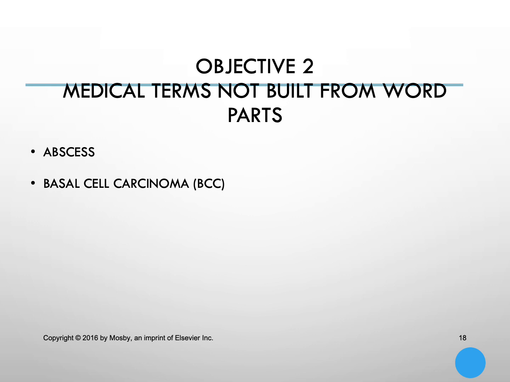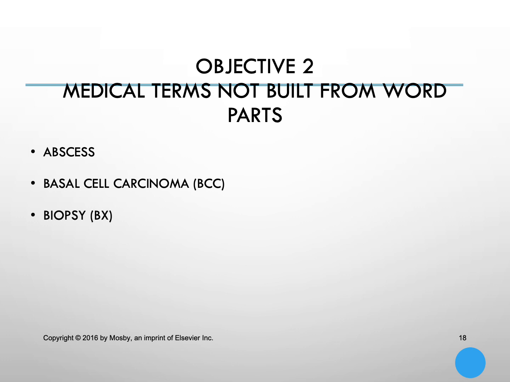Okay? Basal cell carcinomas rarely move or travel to other places in the body. Remember, we said that term is metastasis. Typically, these guys invade local tissues and often reoccur in the same location.